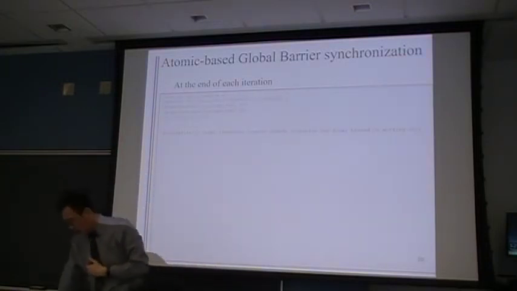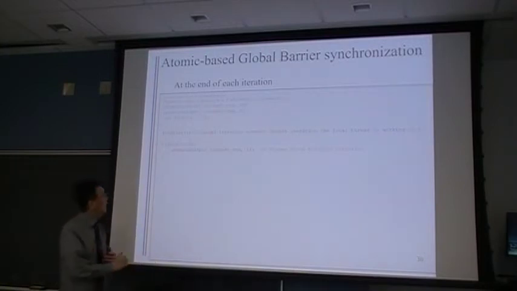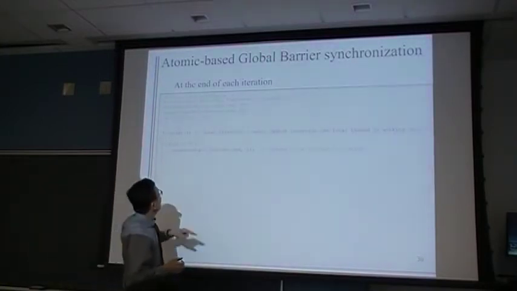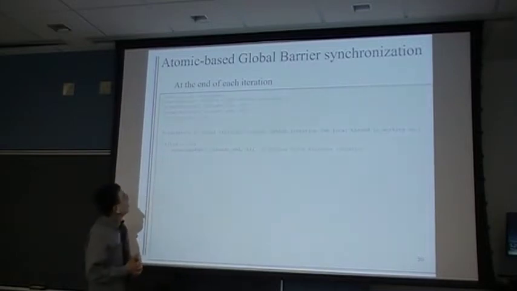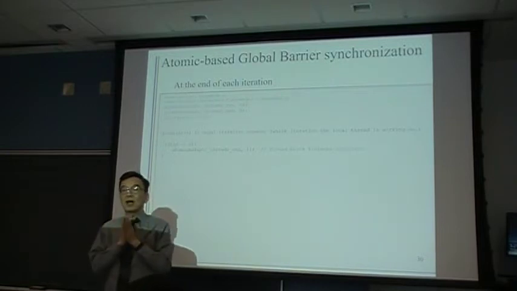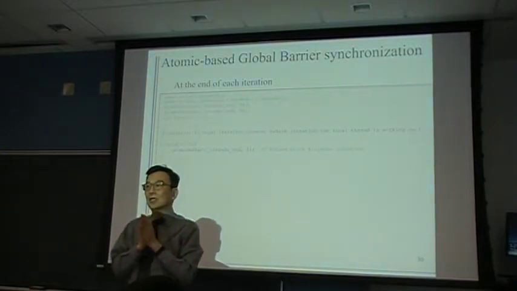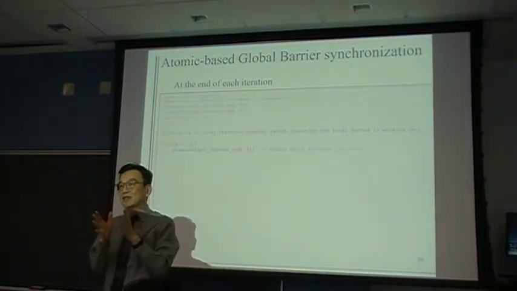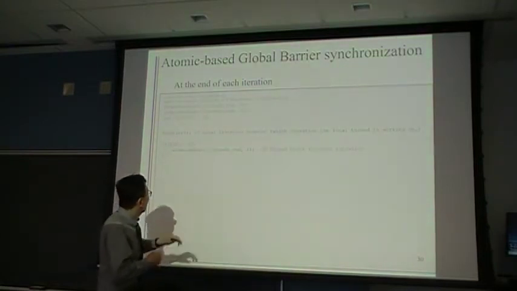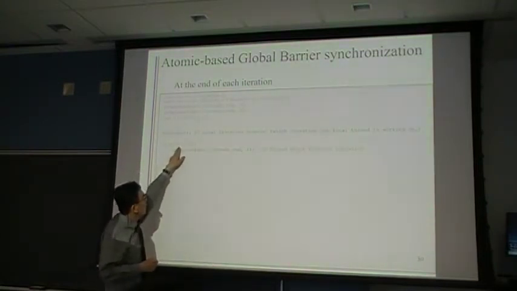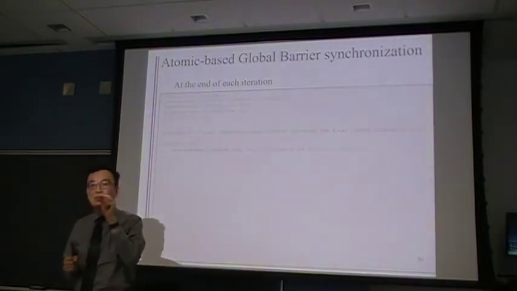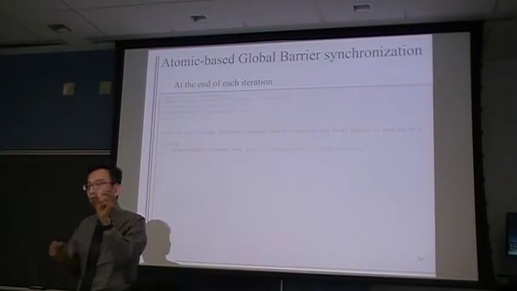Now, the TID is the thread ID. This is the block, and this is within the block, so this is the thread ID within the block. That's why it's threadIdx.x. So when we say TID is equal to 0, that means that we're using the head thread, thread 0 of every thread block.